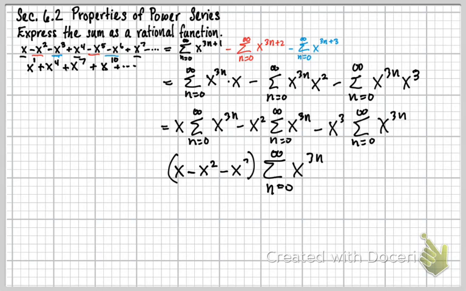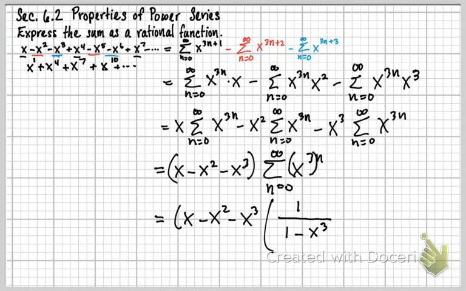Knowing my series now, I know that this series is equal to, and now I'm thinking of the rational function, x minus x squared minus x cubed, and this in here is going to be 1 over 1 minus x cubed, because I think of it this way.